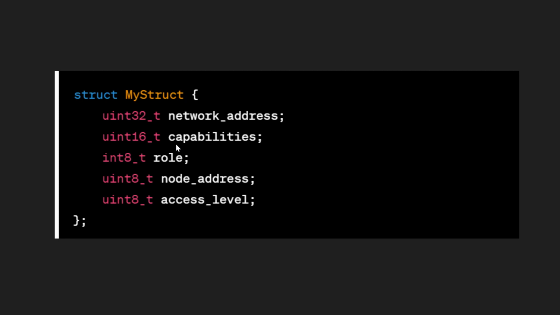Then I'll put the int8, which is 1 byte, in the middle, and after that I would put the uint8 variables straight after. These 2 variables, node address and access level, are 1 byte each. So that makes it 4, 6, 7, 8, 9. This would make the entire struct size about 9 bytes.